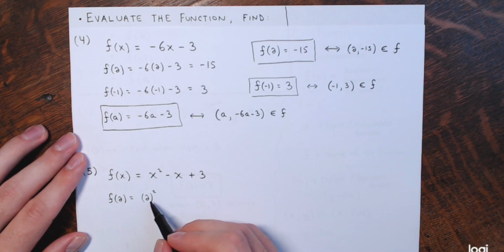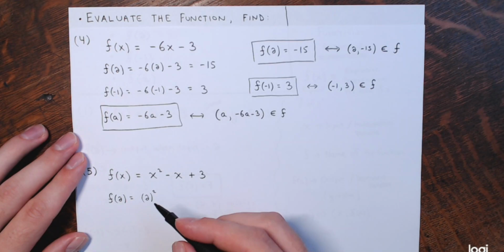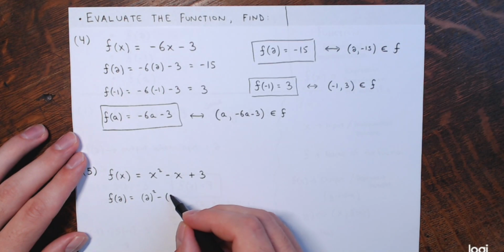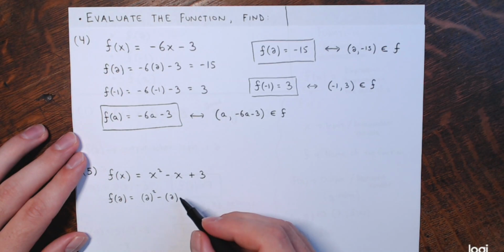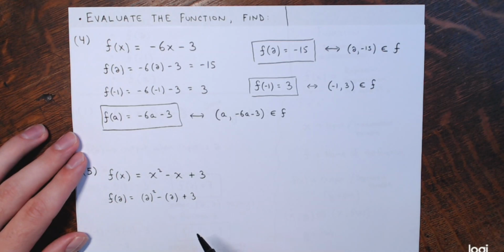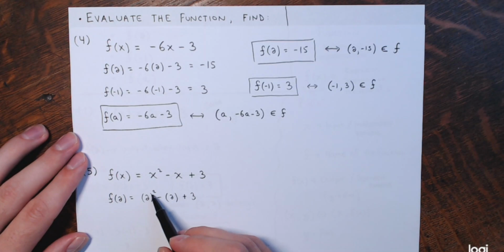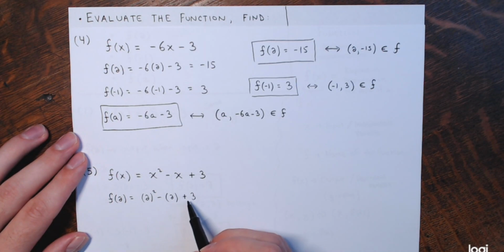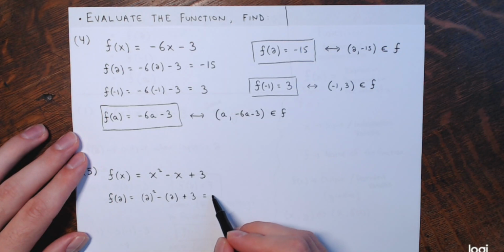Notice I personally like putting parentheses around what I replace. Just a nice habit. Minus 2 for x, and then plus 3. And then doing the order of operations, 2 squared first, that's 4. Minus 2 is 2. Plus 3 is 5.